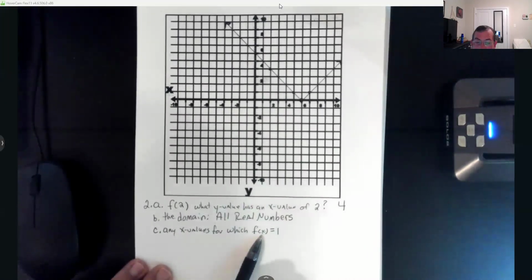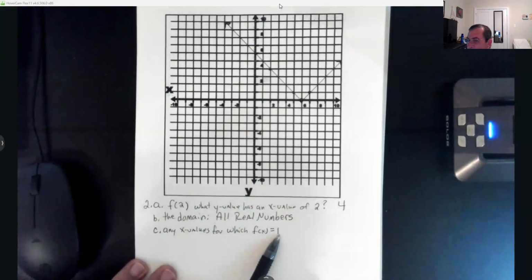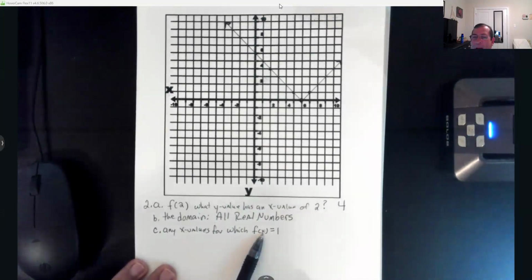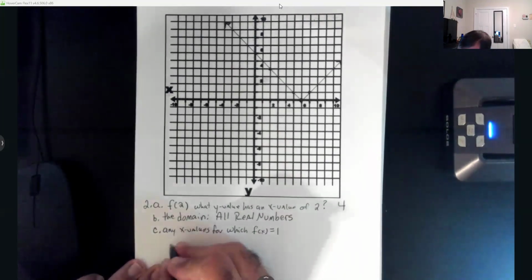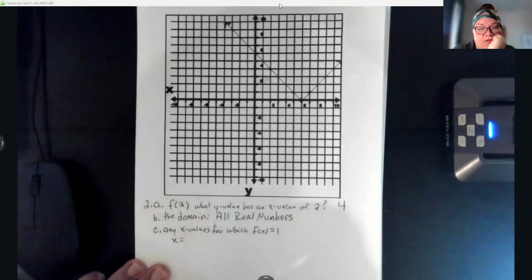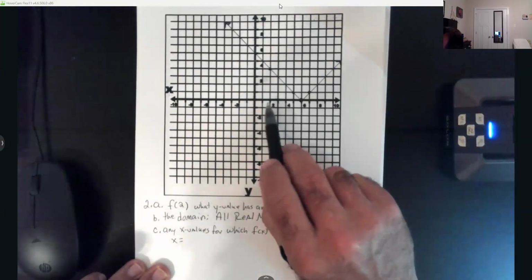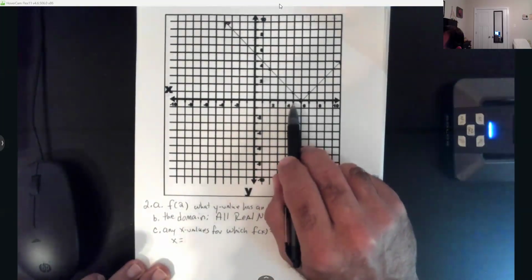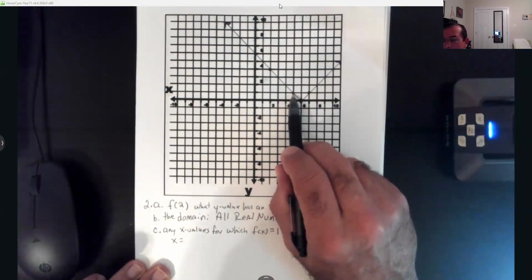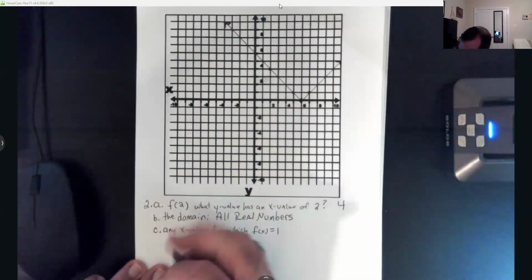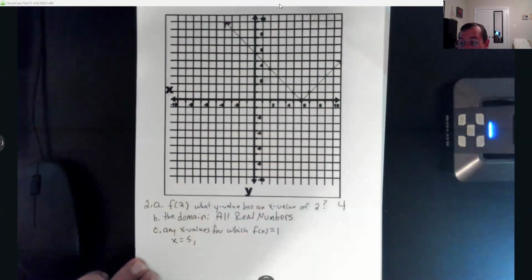I'm looking for x's. They're giving me the y value of 1. I'm looking for the x's. So what do y'all think? Would be 5. So let's see, 1, 2, 3. Look at 5, because if you go on 5 and up, you hit 1 on the y-axis. So good job. 5 is one of them.